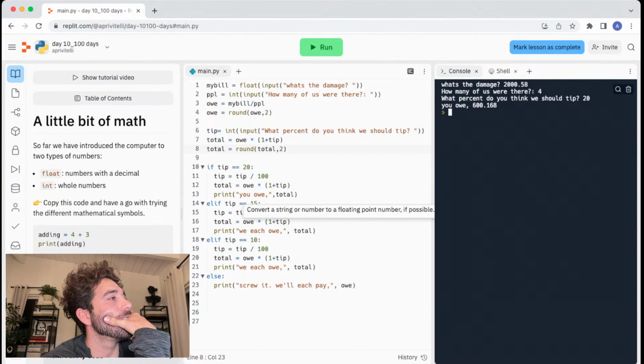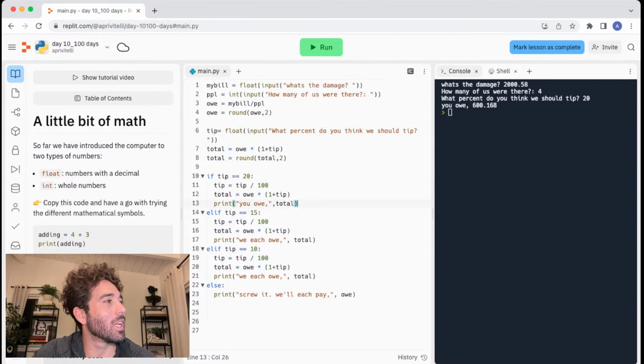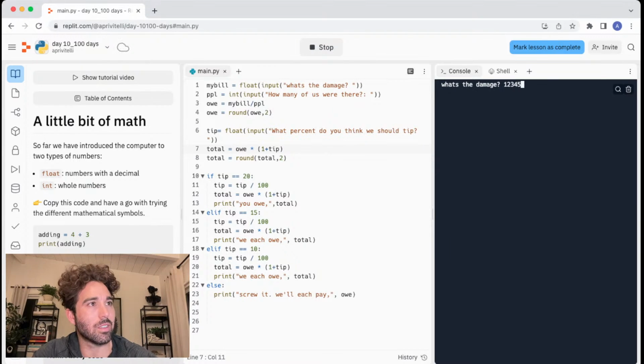Okay, so I'm getting the float. 20, oh, 20 is an int. Let's do this. I think this is why, because it's turning into a decimal point. That's the only thing I can think of. I don't like that number.